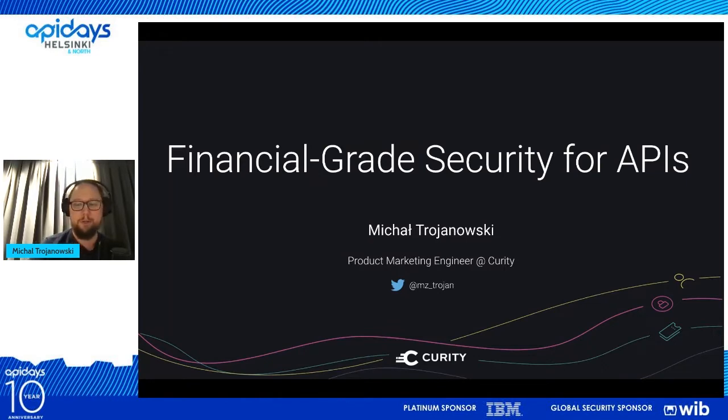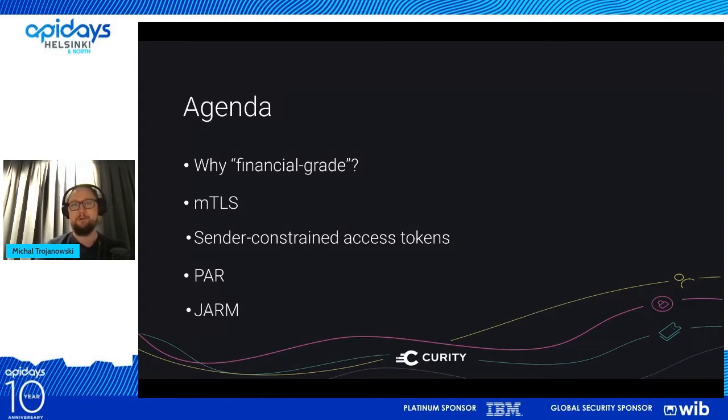I'm glad that Marika touched on the subject that if you're into fintech, then you should definitely listen to some other stuff that we have here at the conference. But I would like to tell you why I'm speaking about financial grade and how that is a bit different from fintech. The topic of security is very vast, and the things that you can do to upgrade security in a financial grade API are also very vast.